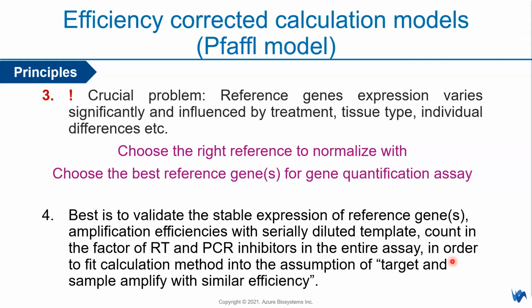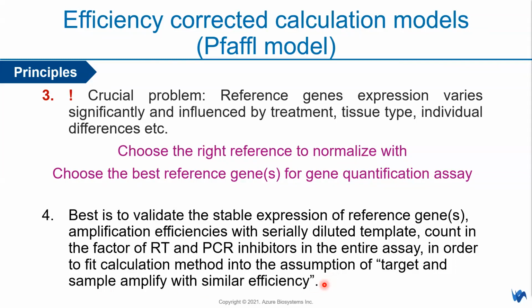This is in order to fit the calculation method to the assumption that both target and sample amplify at similar efficiencies. So for qPCR, you need to make sure all of your runs and all of your assays are at similar efficiencies.